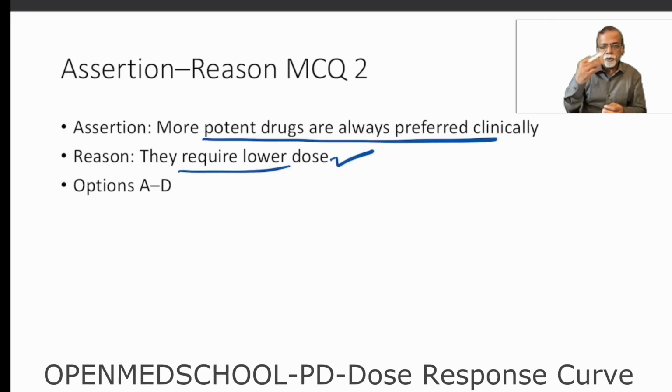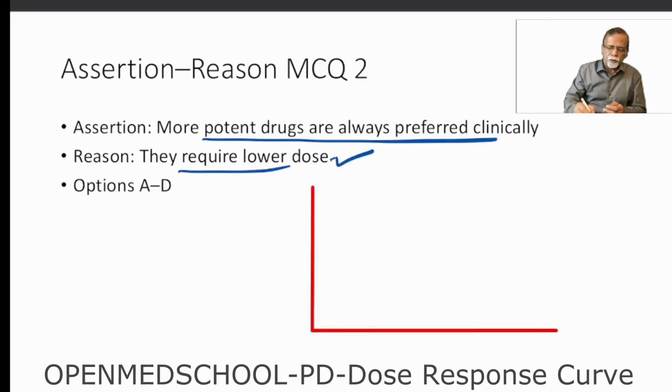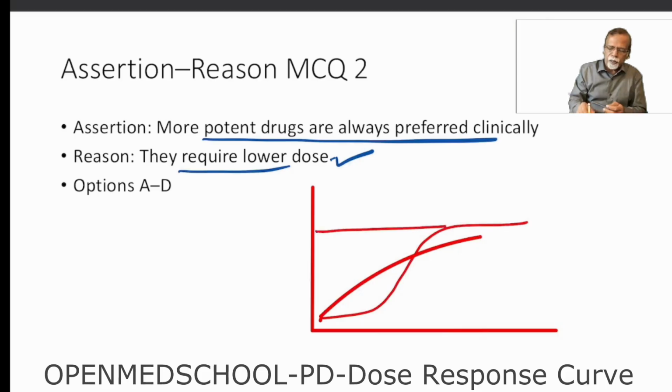So remember the curve. This is one drug, drug A. This is the Emax for the drug.